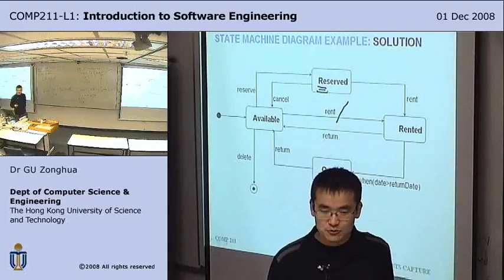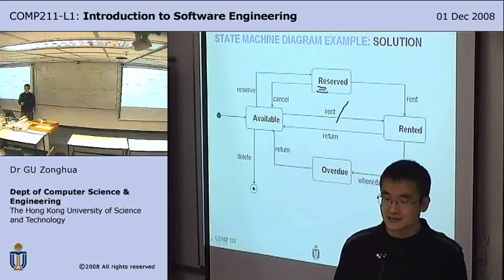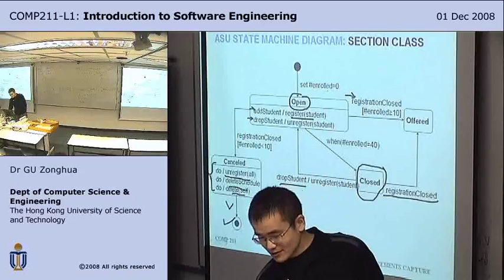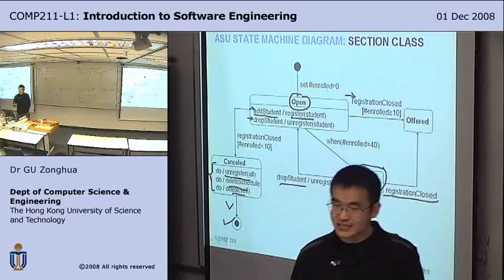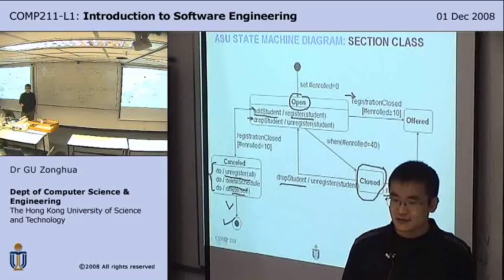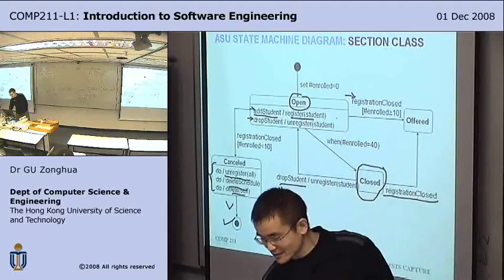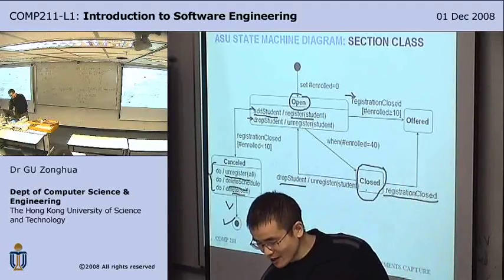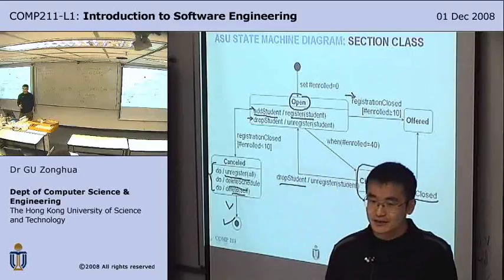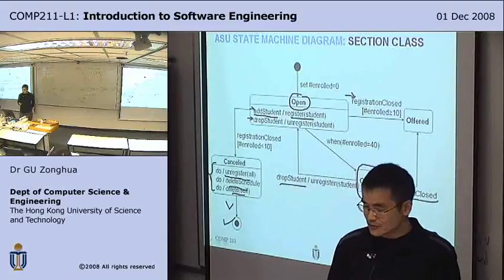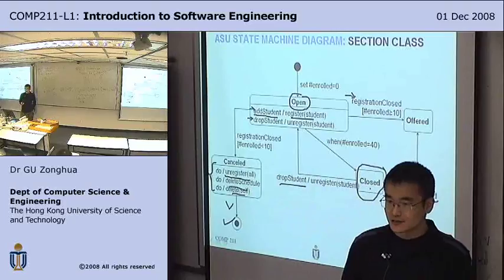Every event you get drives you to another state. Well, in the previous one, when add student happens, you stay in the open state, right? So for example, for closed, there's nothing inside because drop student and registration closed drive it to open or offered, right?